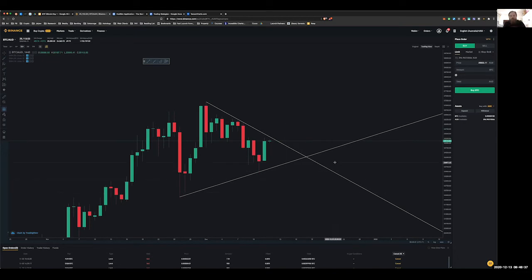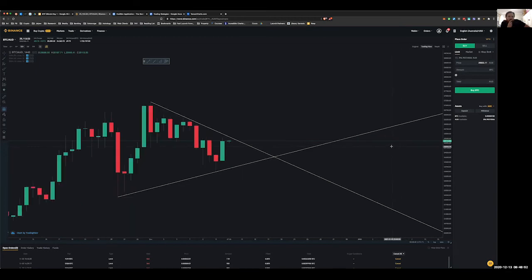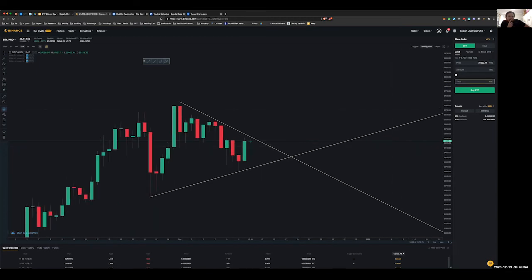Yeah. So since we're kind of skipping through, what I've got here is just the BTC AUD chart. That's Bitcoin to Australian dollar. I'm doing that since most of the people are probably in Australia. You can see I've got 396 Aussie dollars in this particular wallet, and I'm looking to buy Bitcoin now.